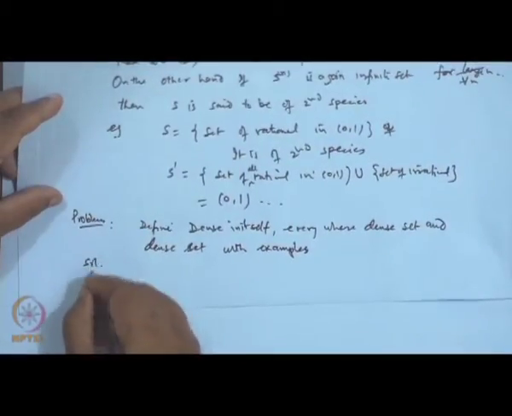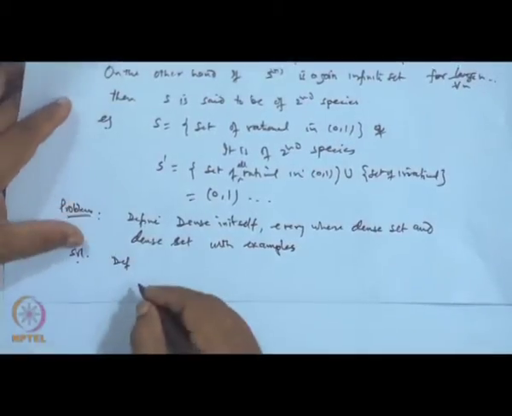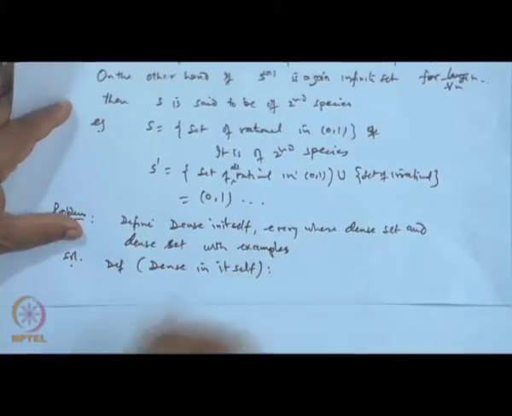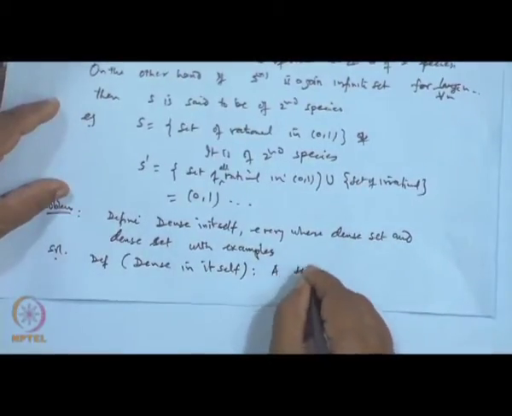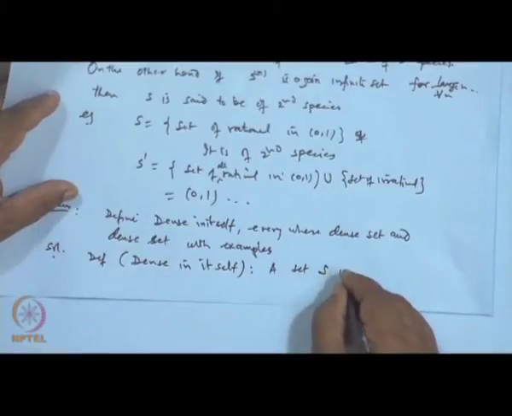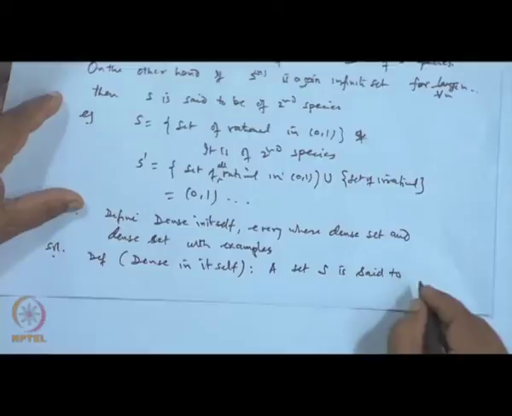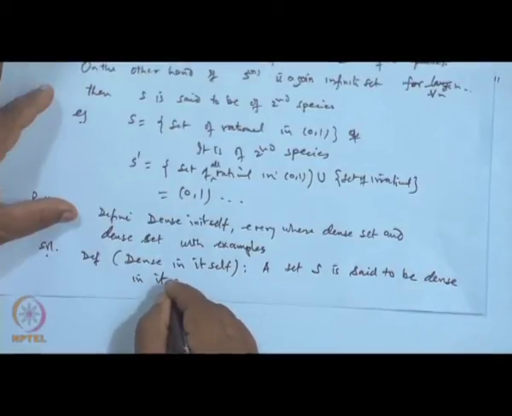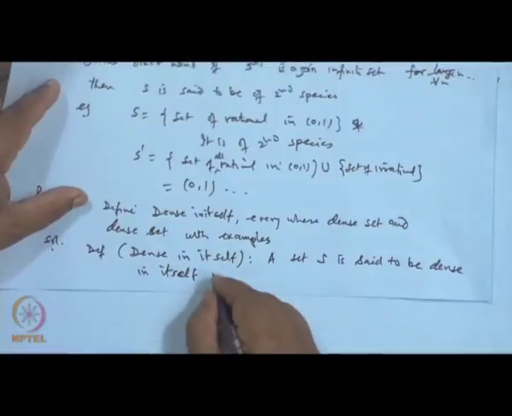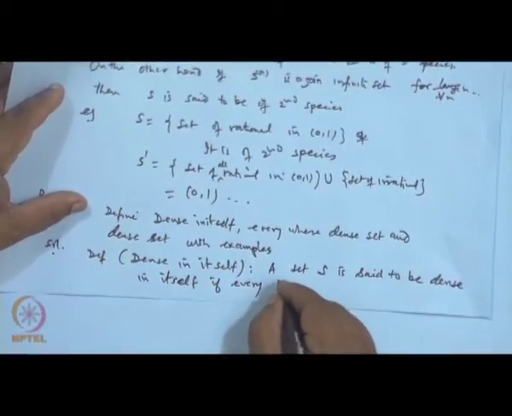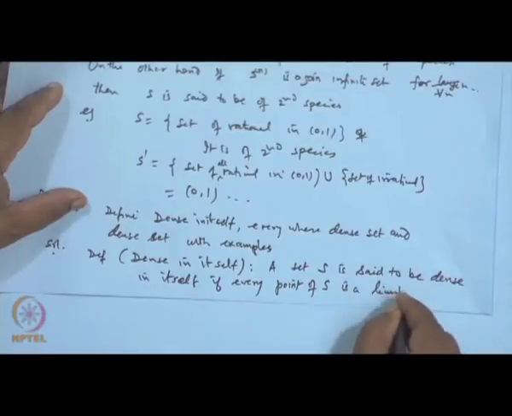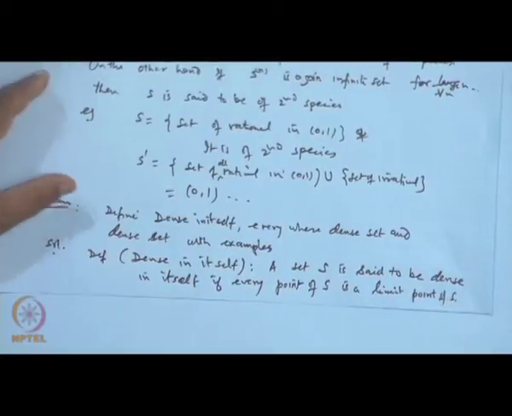We define it as follows: a set S is said to be dense in itself if every point of S is a limit point of S. If every point of S is a limit point of S, then we say the set is dense in itself.